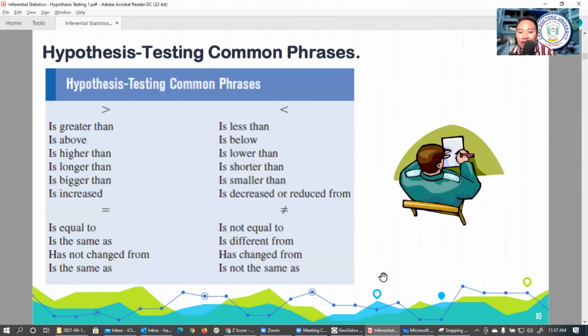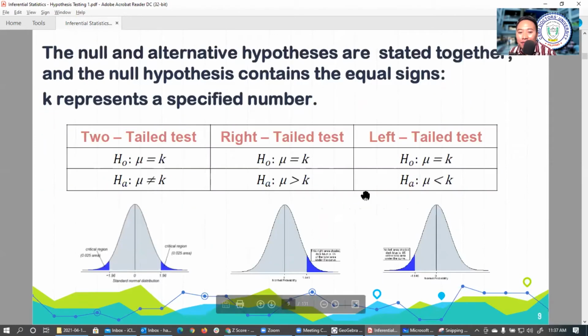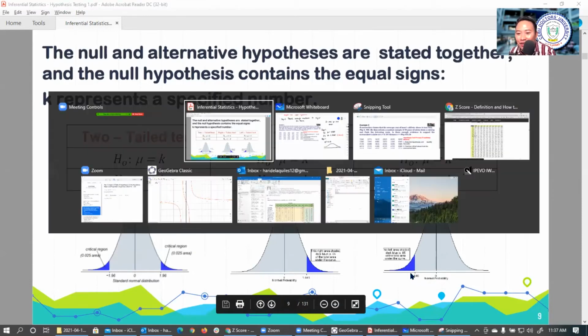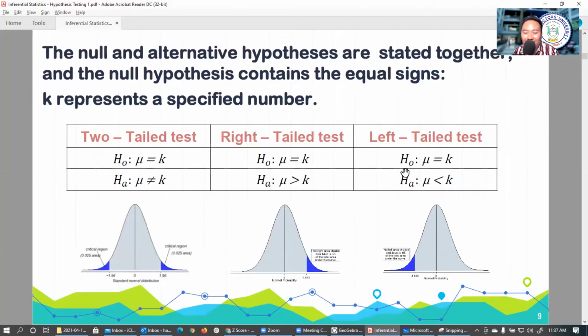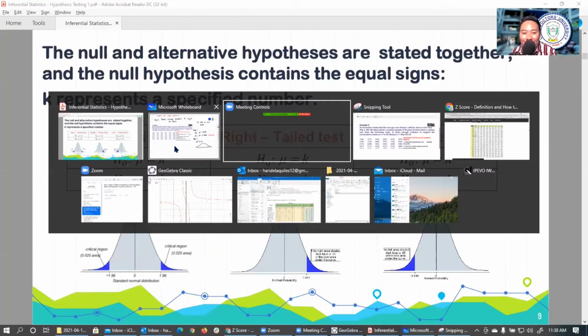Look at the alternative hypothesis. It's less than, and the tail is on the left. So it should be left, because the alternative is less than. Understood?